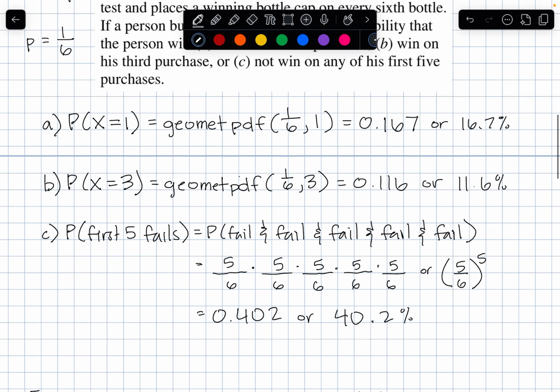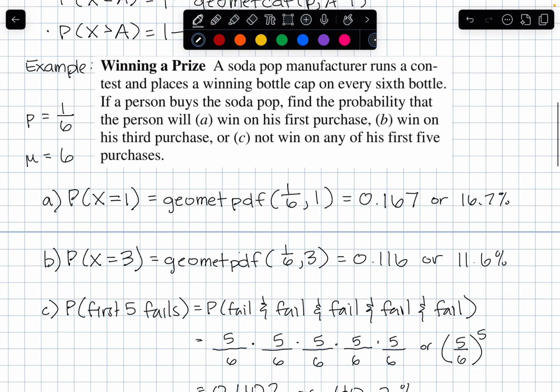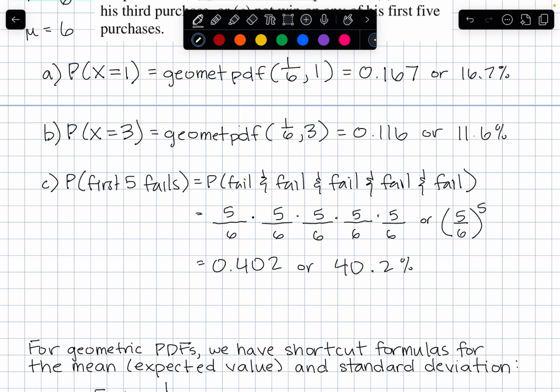My probability of success is 1/6, so my mean is the reciprocal, 1 over 1/6, which is just 6. On average, I expect my first win to occur on the 6th bottle, because every 6th bottle gets a winning cap. That's why our answer to C makes sense. It should be fairly common to lose the first 5 trials.